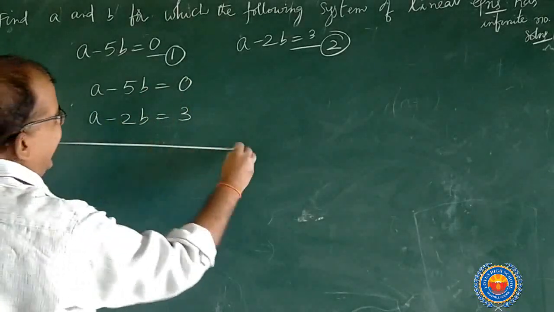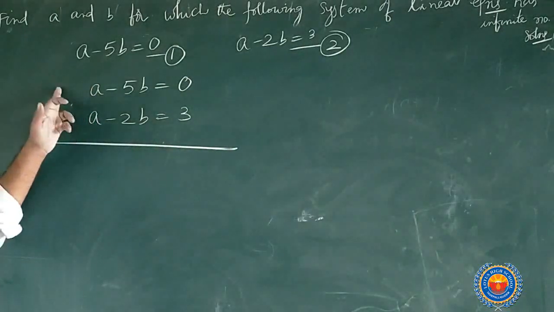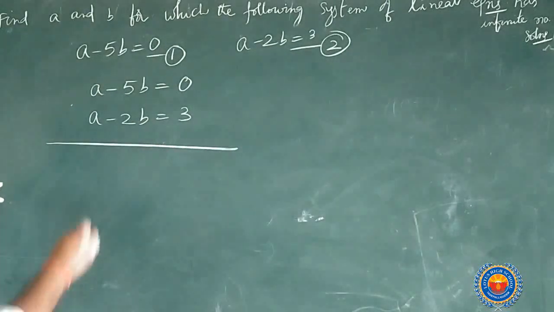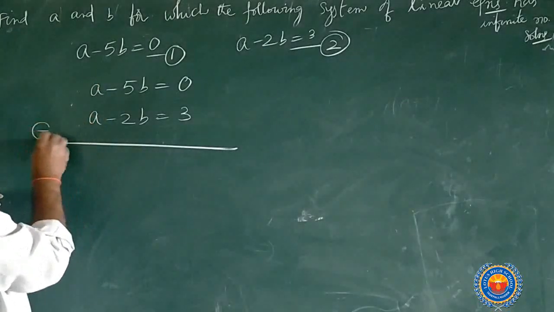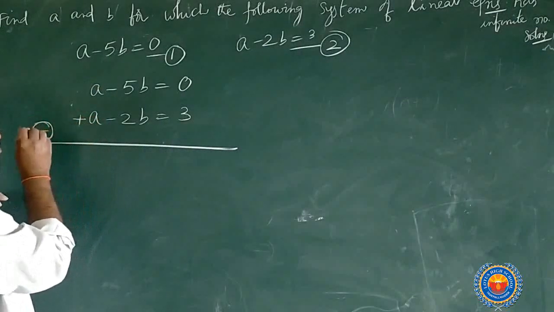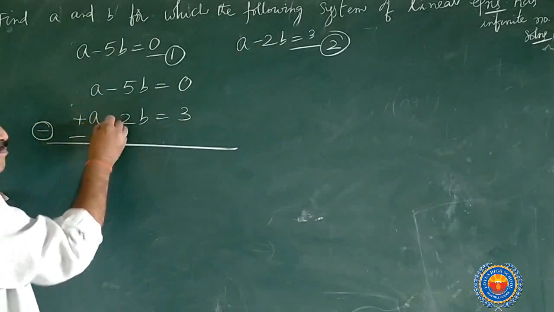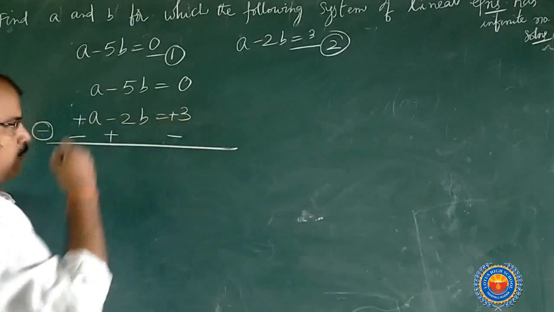Now I am going to eliminate A because here also 1A, here also 1A. Both are plus symbols, plus plus, so I am going for subtraction. Because of this minus, this plus becomes minus. This minus becomes plus. Anyhow, this is also plus, this plus becomes minus.